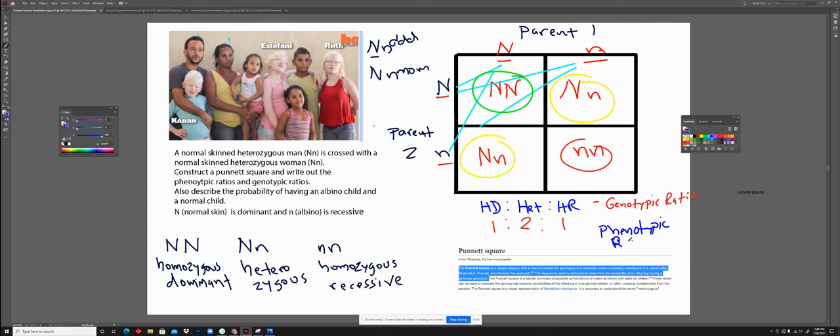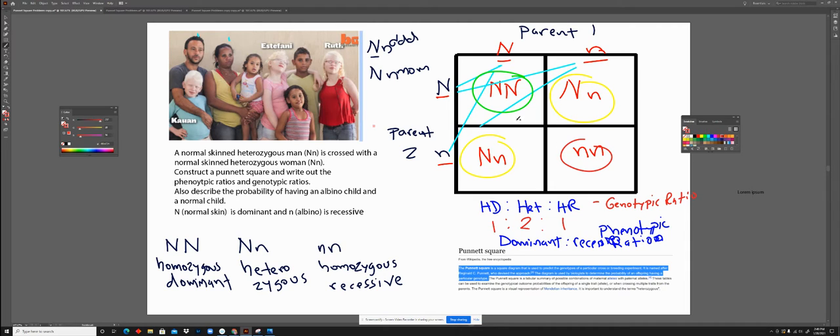Phenotypic ratio is going to be the dominant trait versus the recessive. Based off the information, normal skin is dominant. I have 1 normal skinned kid, another normal skinned kid, another normal skinned kid, and 1 albino child.